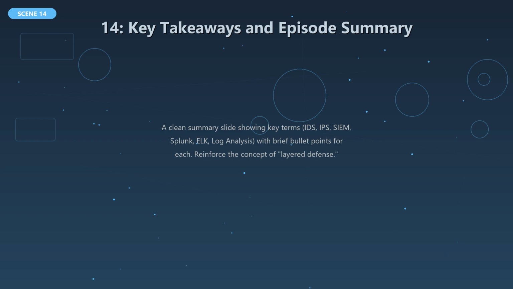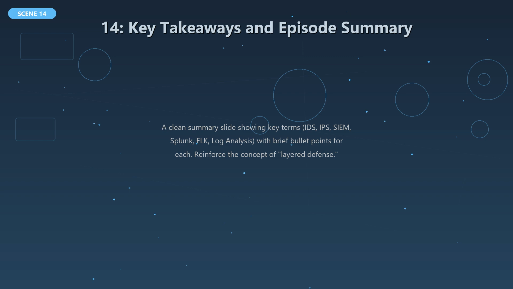Today, we've elevated our understanding of network security beyond basic perimeter defenses to sophisticated, active threat detection and response. We started by recognizing the limitations of firewalls and the necessity for active detection against evolving cyber threats, introducing the concepts of intrusions and anomalies.